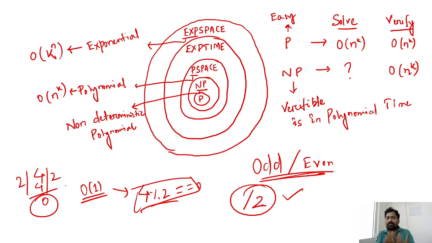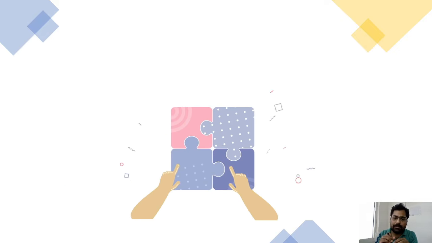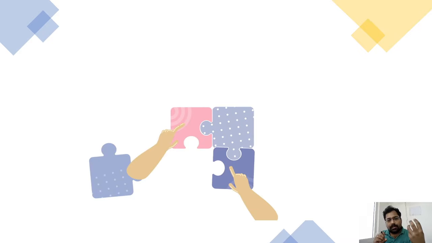But whenever I am discussing this one, we have a jigsaw problem or a puzzle problem. There are many small pieces of puzzles.